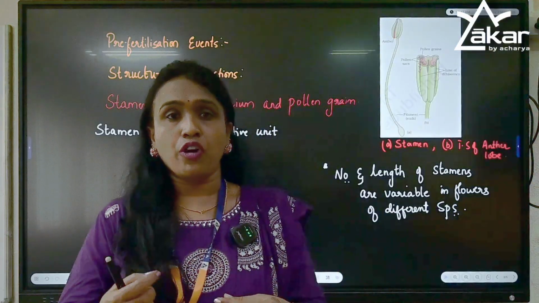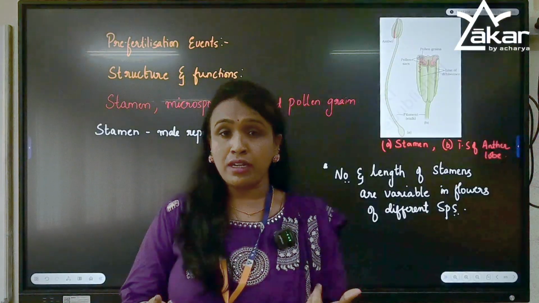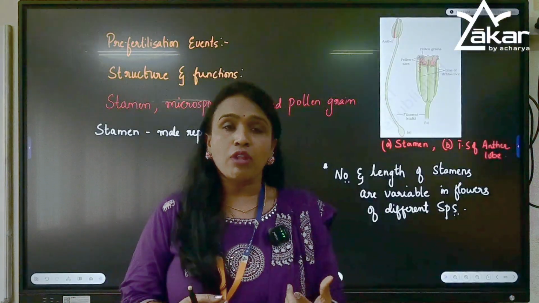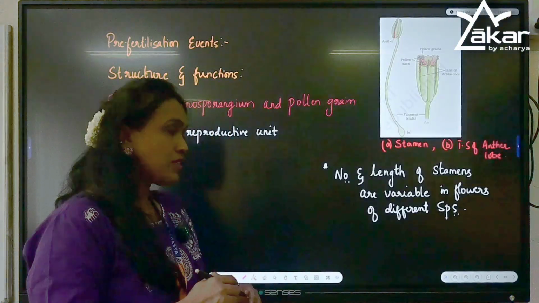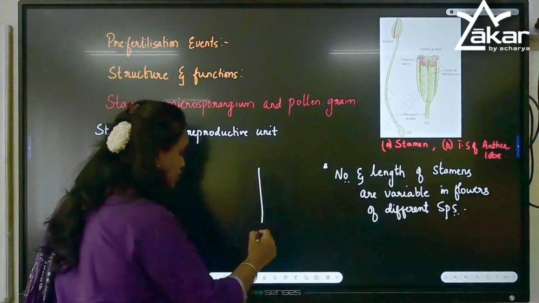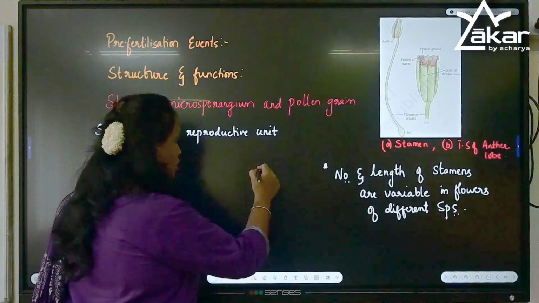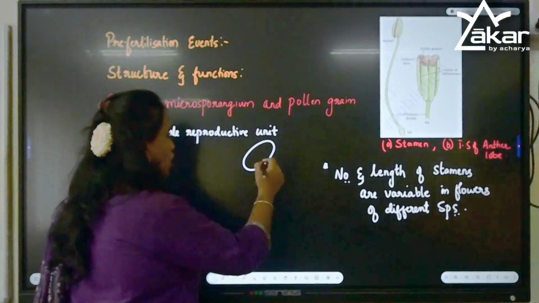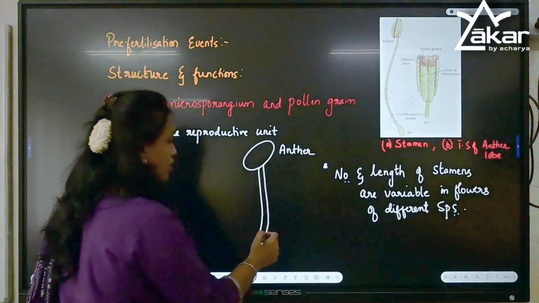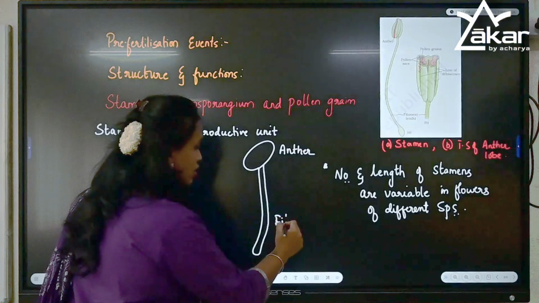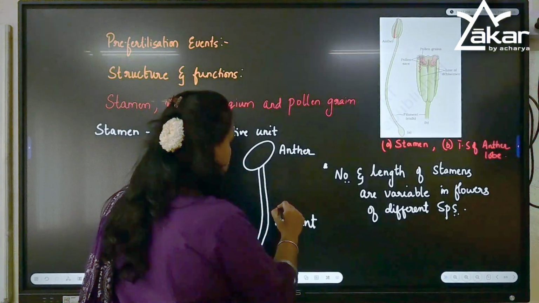Observe the male reproductive structure, female reproductive structure, petals and sepals. When you look at an androecium, what you will see is a long slender filament and a bilobed structure called anther, and a long slender stalk-like structure called filament.